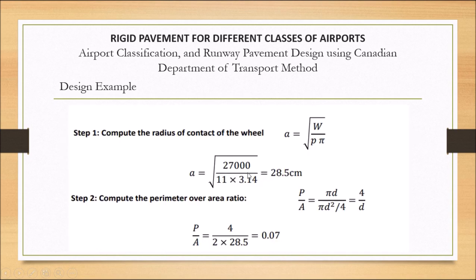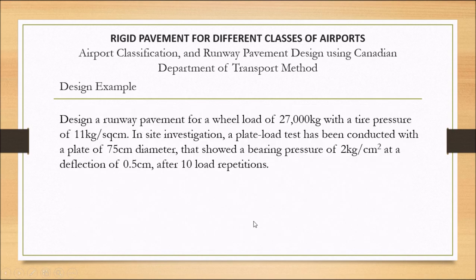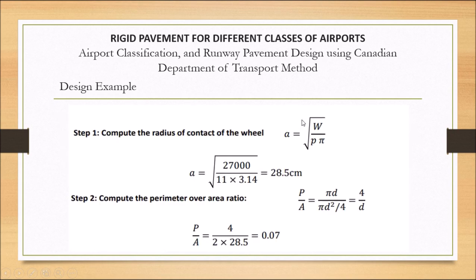So next, you can see from the formula we have A is equal to square root of W over P pi. Here, from the question, the load is 27 thousand kg, so we substitute it in over here.